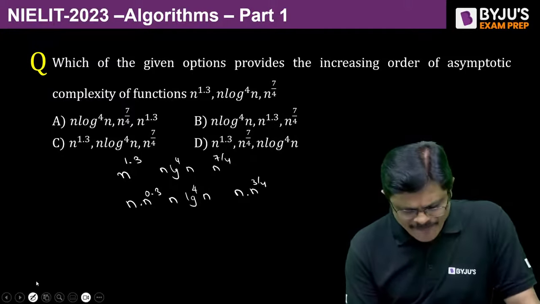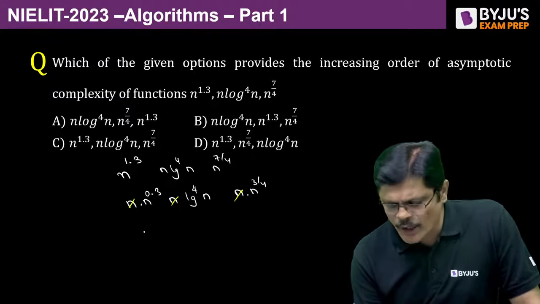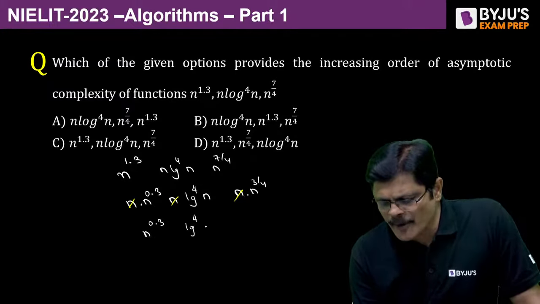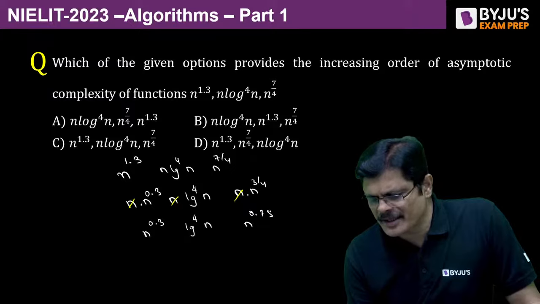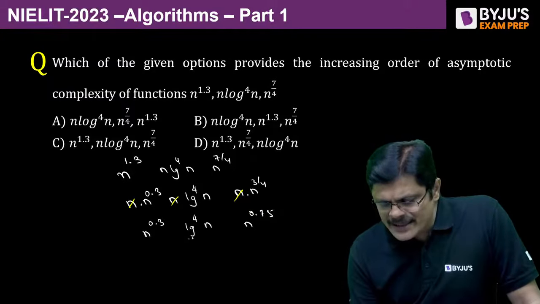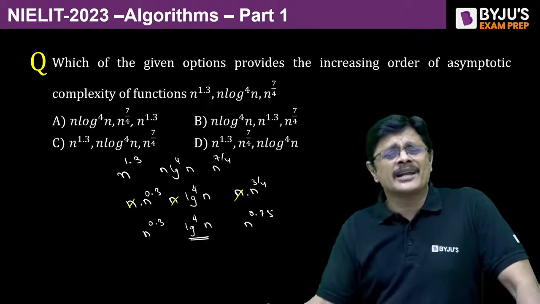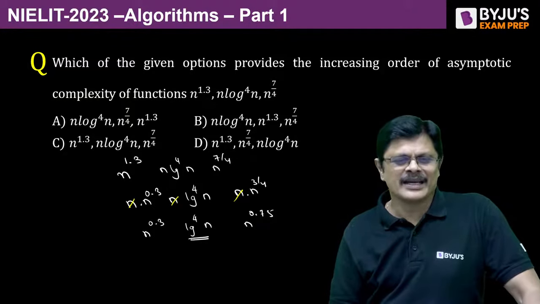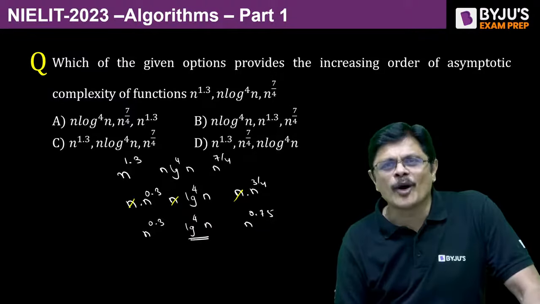So here you cancel out the common factor. Then it is n power 0.3, log power 4 n, n power 0.75. And we all know that log power a n is smaller than n power any fraction. Correct or not? So obviously this is the smallest.